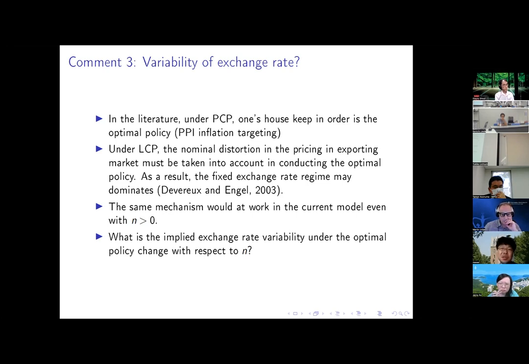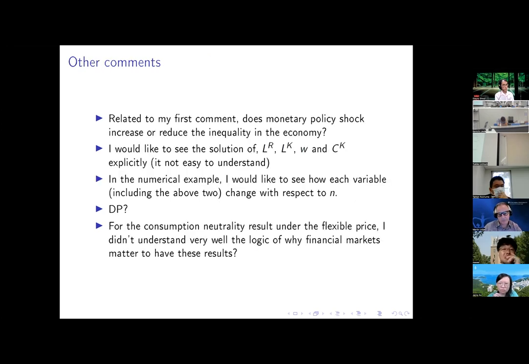And I'm wondering what happens in this paper, because it seems that there's no discussion about the variability of the nominal exchange rate under the LCP. So how would the result be different by having n positive, so the presence of the Keynesian households? So these are my main comments, and I have other small comments.